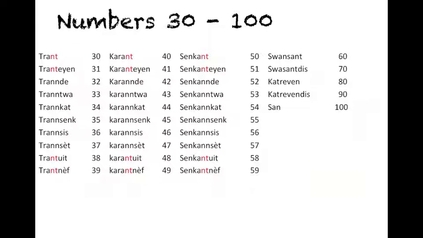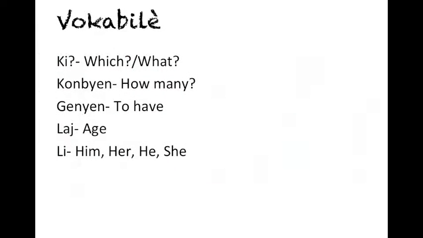So again, guys, make note of that pattern, and hopefully that will help you guys out when counting. So we're going to go ahead and put these numbers into practice, but before we do that, we're going to have some introductory vocabulary. So we have a short vocabulary list. We have qui, which means which or what.